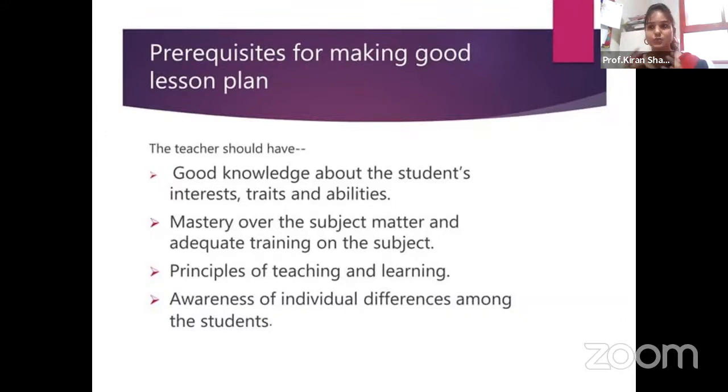She should have mastery over the subject. She should know the principles of teaching and learning, and the teacher should also know about the individual differences among the students. Means she should know about the students as individuals, right?